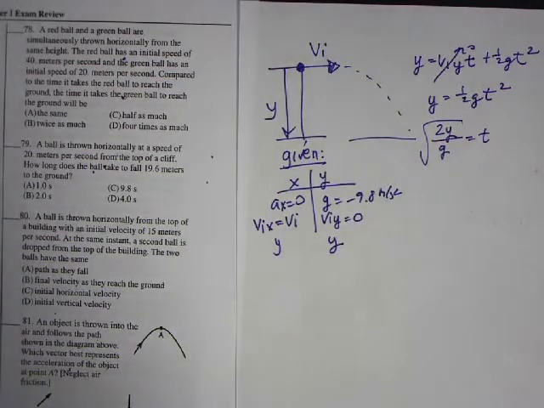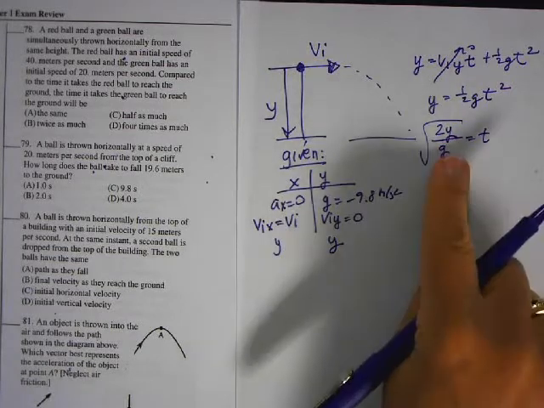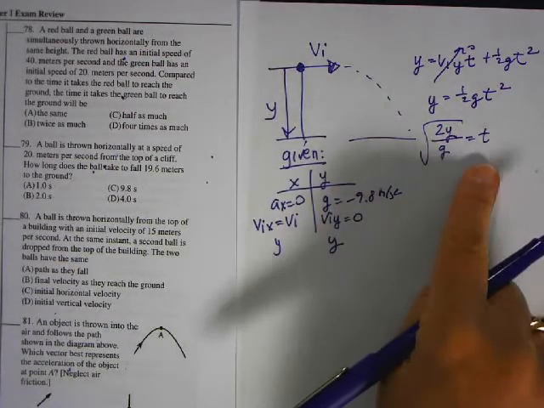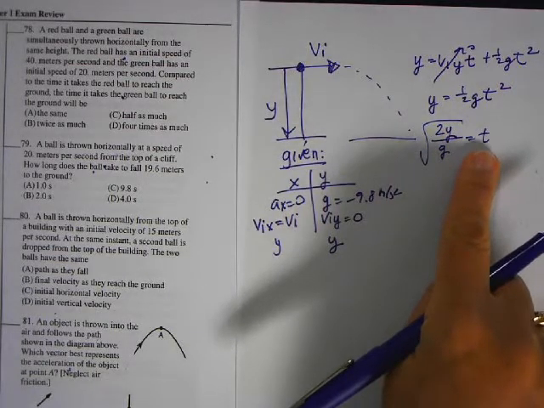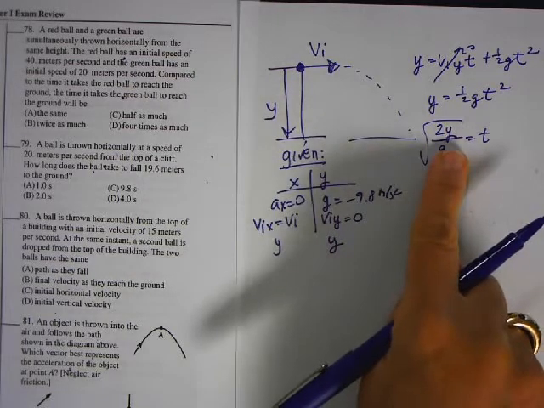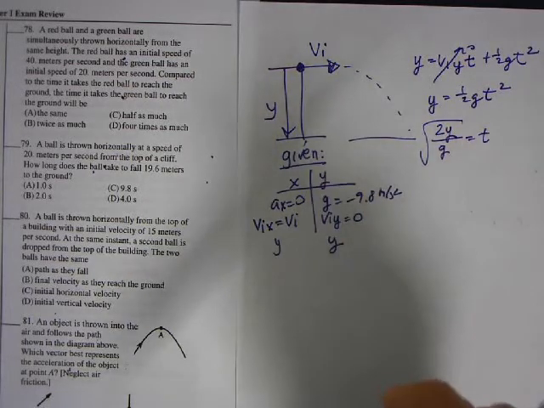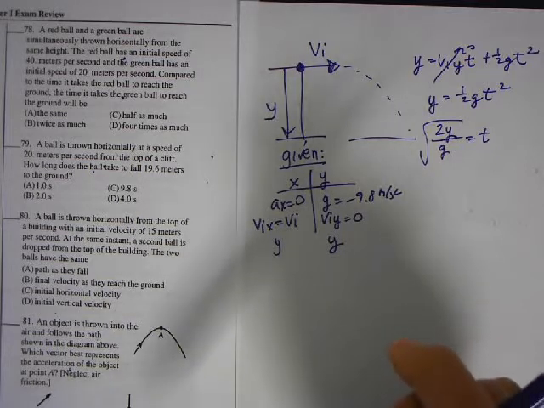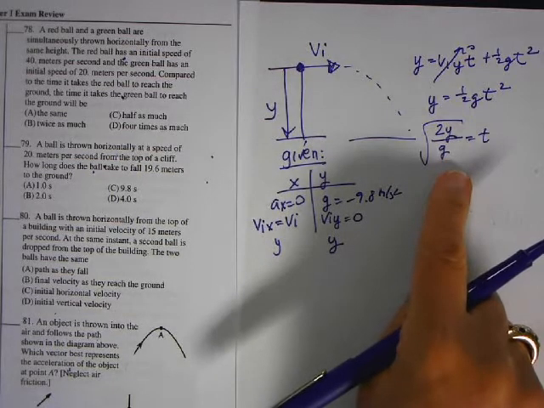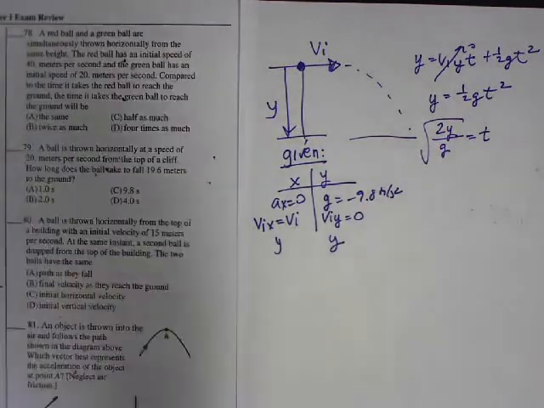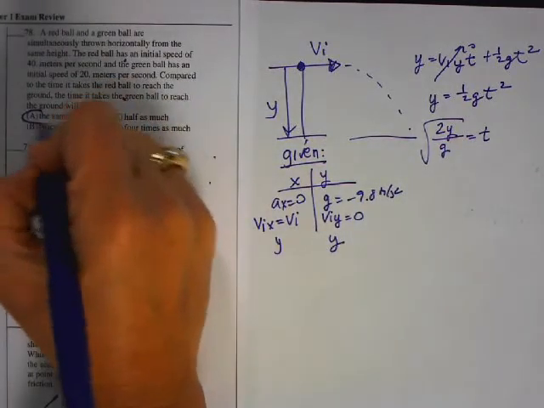So the only thing that makes a difference when I throw a ball horizontally and how long it takes to hit the ground, the time, is going to be how high it is. And because they both are at the same height, it doesn't matter the horizontal speed because the time is going to be the same. So the answer there is going to be A.